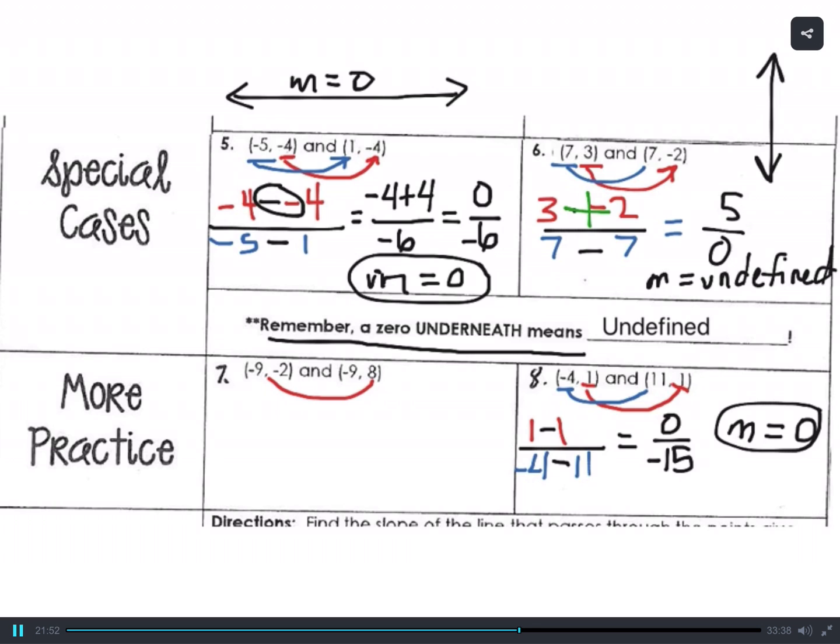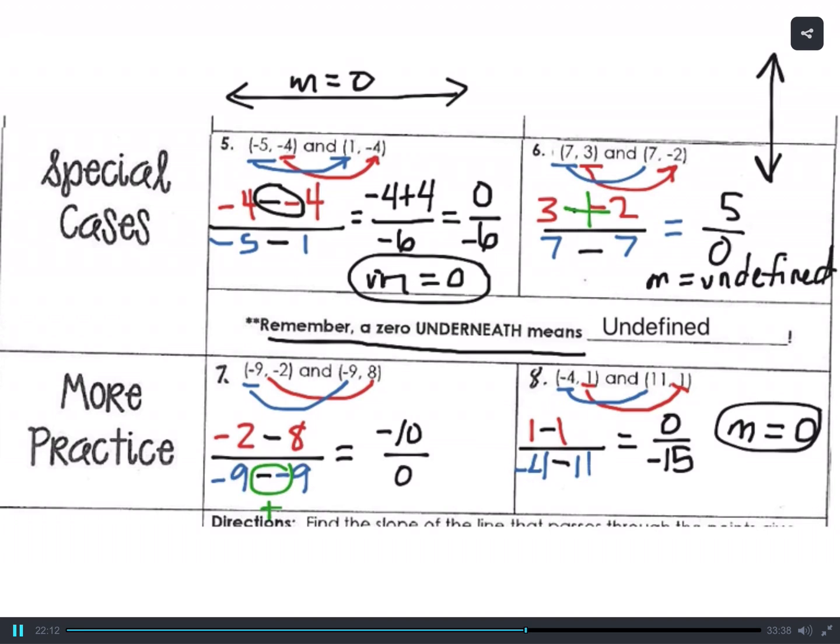So why don't you pause the video, try number 7, which I've already kind of started, at least drawn my arrows a little bit. Pause the video, work through number 7, and then check back with me in just a second.